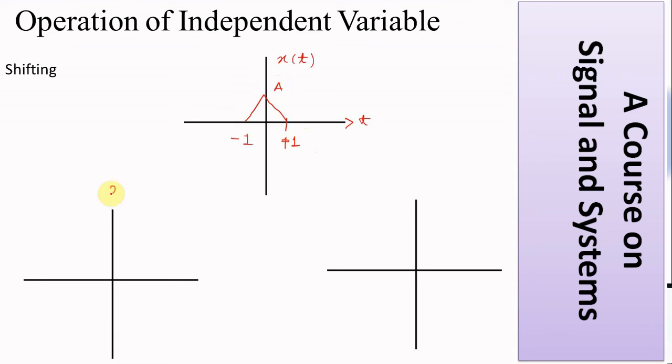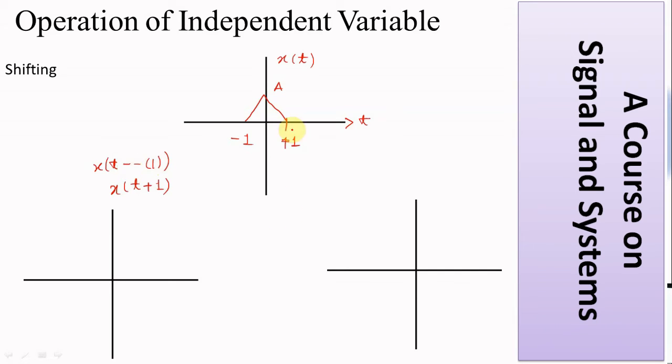So if I plot x of t plus 1, it is basically x of t minus minus 1, right? It is to write like this, and this is basically the signal now which is acting at t is equal to minus 1.